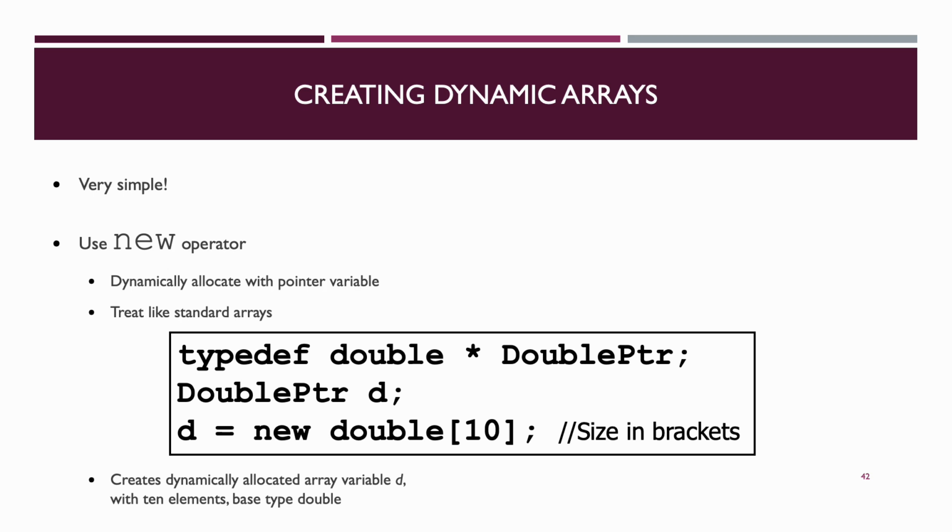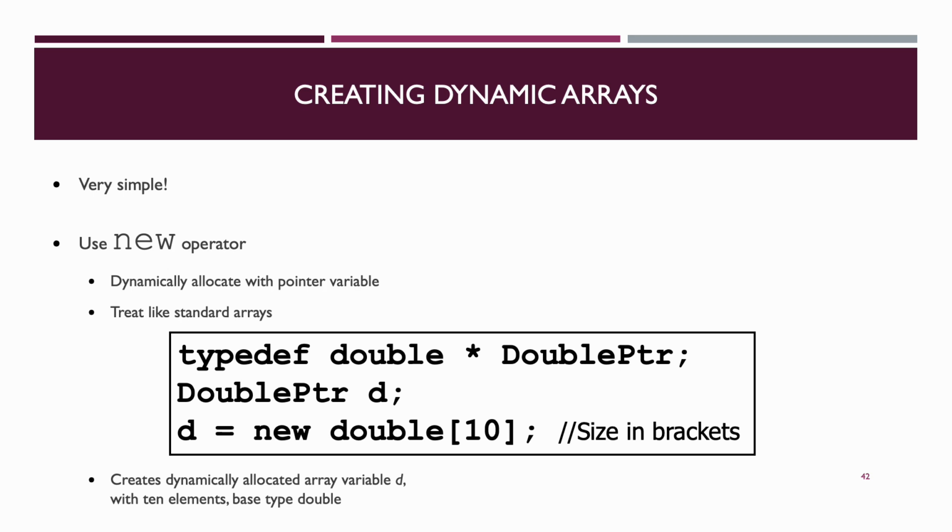Now, this is the example of how we create dynamic arrays. Here double PTR is a type definition for a pointer to double. We declare d as a pointer to double, and then we use the new operator to allocate an array of 10 elements of type double.